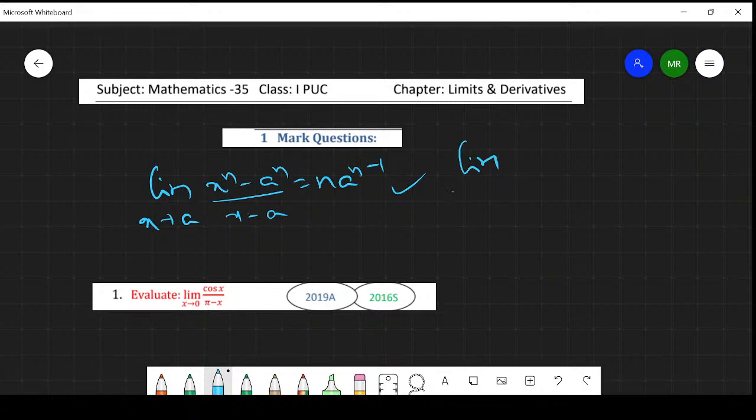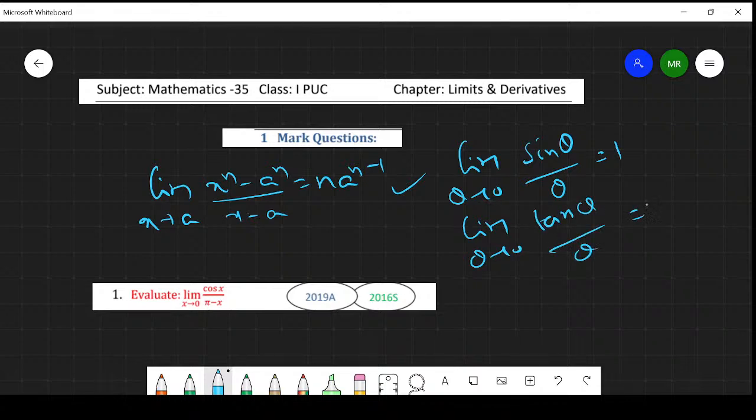Again, limit theta tends to 0, sin n theta by theta is equal to n. Generally, you may remember limit theta tends to 0, sin theta by theta equals 1, and limit theta tends to 0, tan theta by theta is equal to 1.